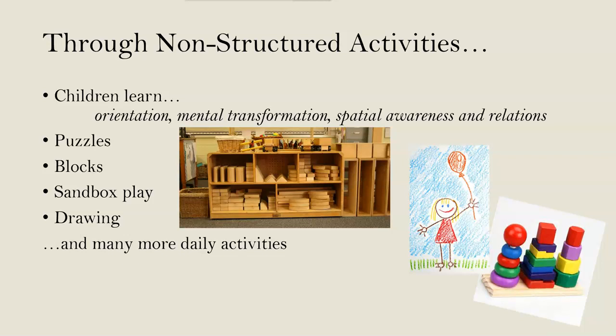So activities like puzzles, block play, playing in the sandbox, drawing with any artistic materials, and many, many more daily activities are just some of the ways children are constantly engaged in spatial awareness and relationships.